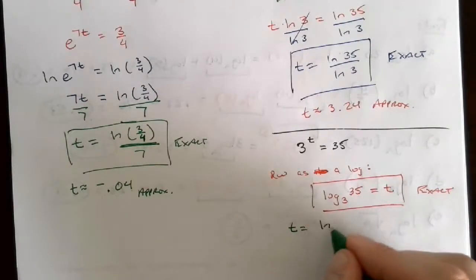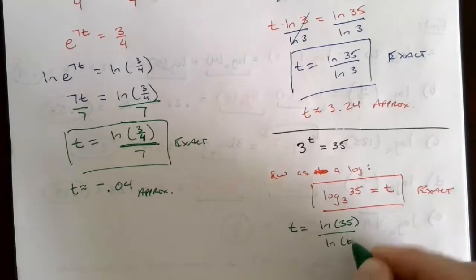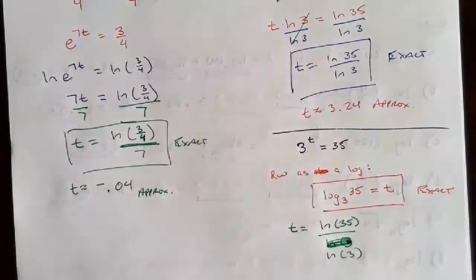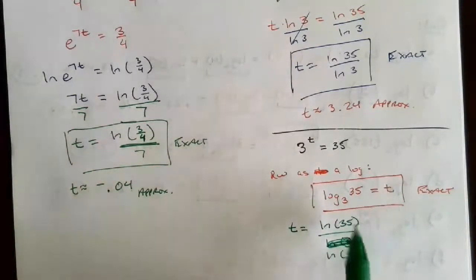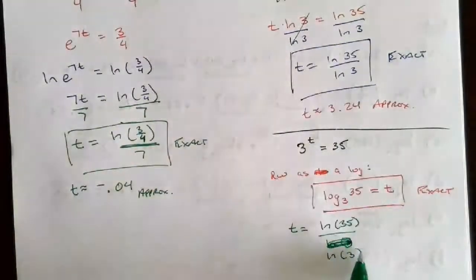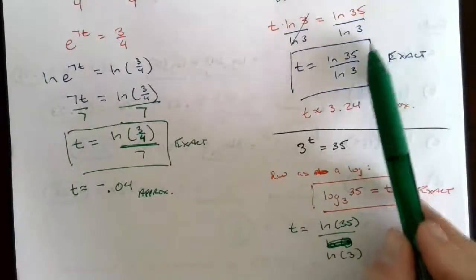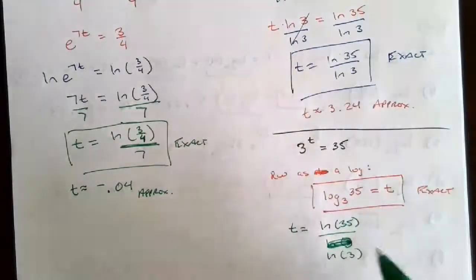I could take natural log of the argument over natural log of the base, which in this case is 3. So you're getting the exact answer. It's just, this is written without the change of base formula. This actually produces the change of base formula when you're doing it.